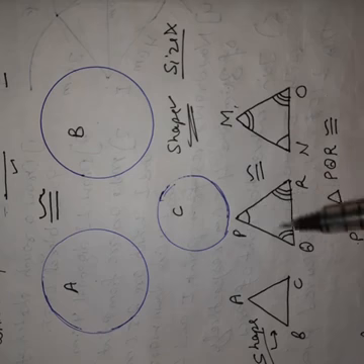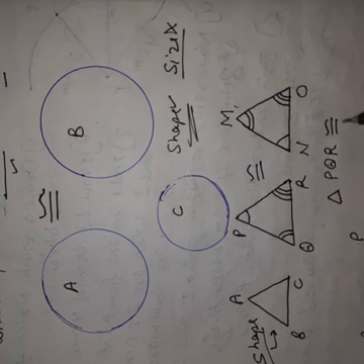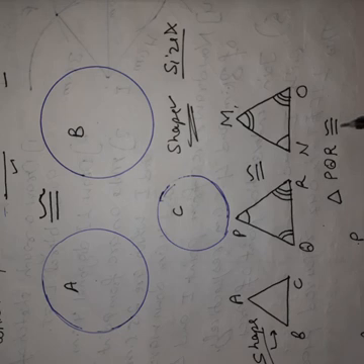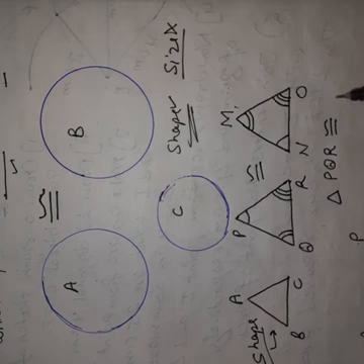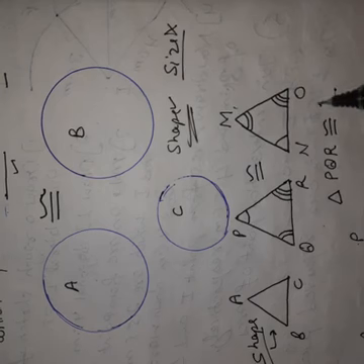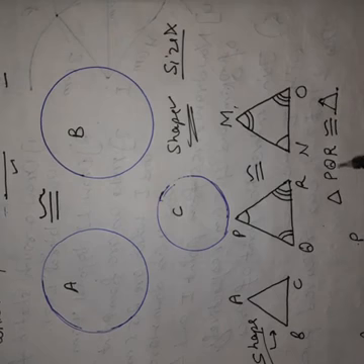You can write any of the vertices of first triangle PQR, and after that you have to make sign of congruency. So we have made sign of congruency, and after that you will write triangle very carefully. So again we will make sign of triangle.